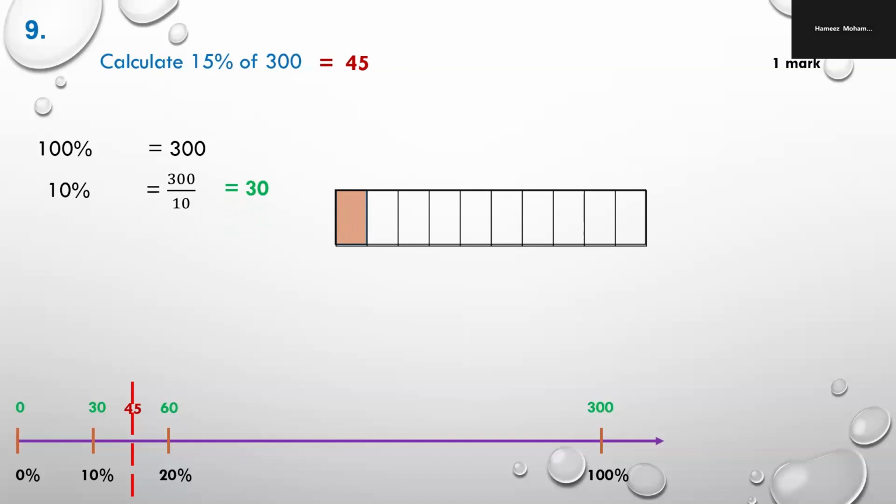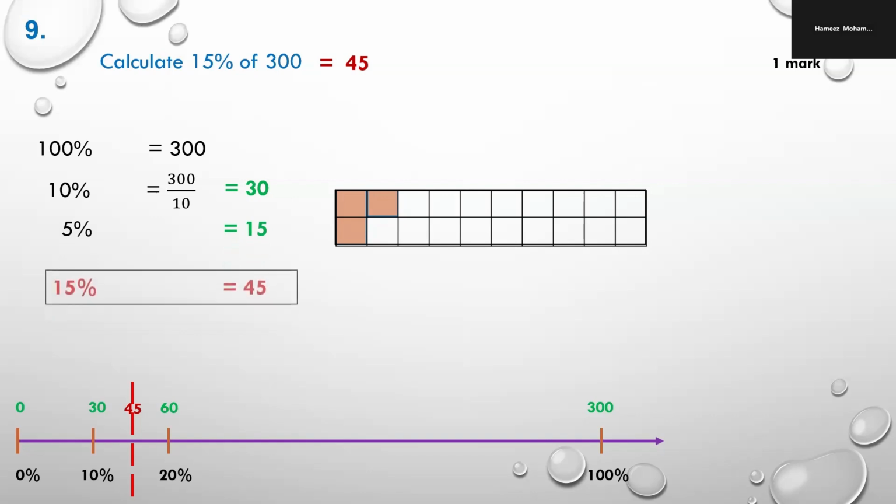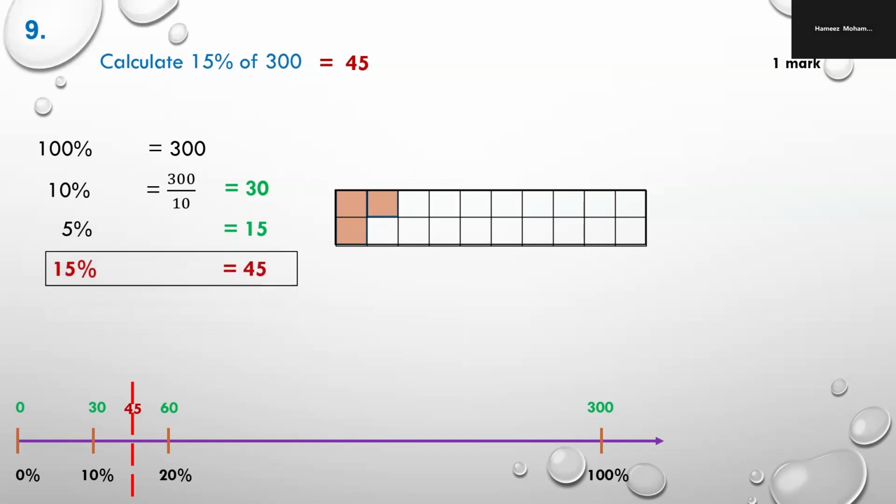If we draw a line across, we'll break that 10% up into a 5%. So we add a 5% to that 10%, and it's 15%. So 5% will be half of the 30, which is 15. So if 10% is 30 and 5% is 15, 15% is equal to 30 and 15, which is 45. That's another way to work it out.